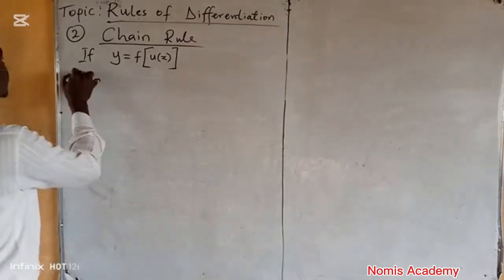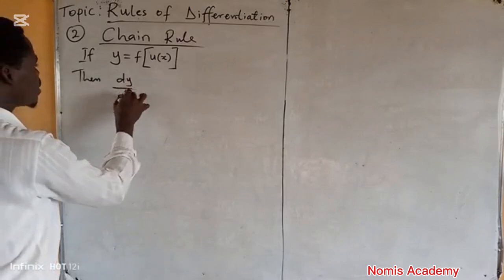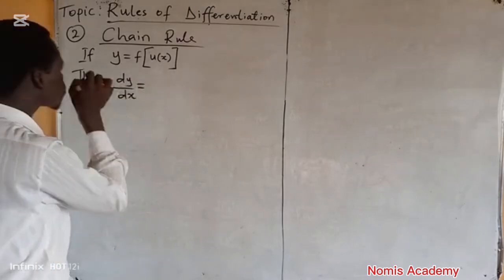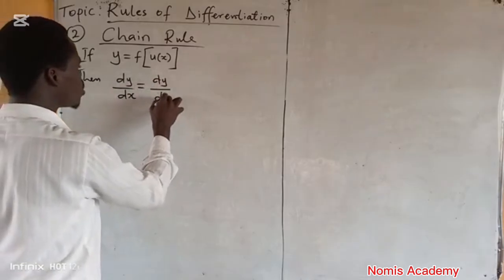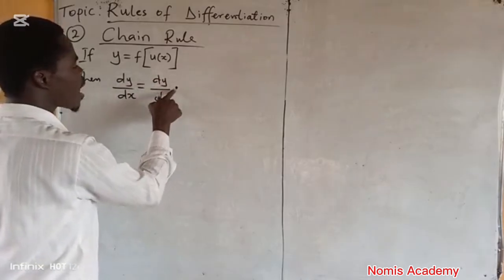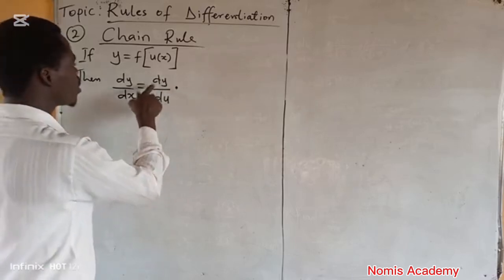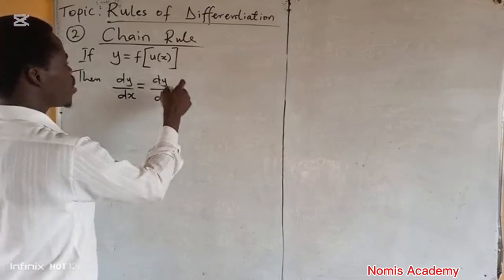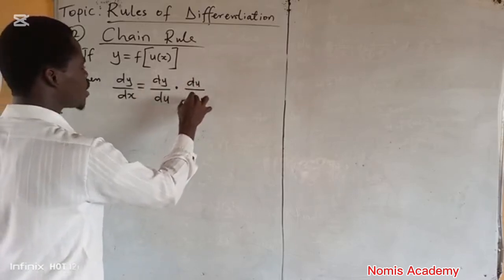Then the derivative dy over dx is equal to dy over du multiplied by du over dx. We use dots to symbolize multiplication.